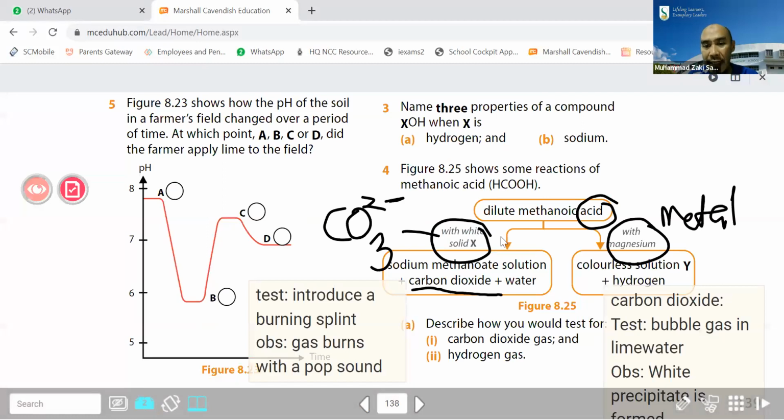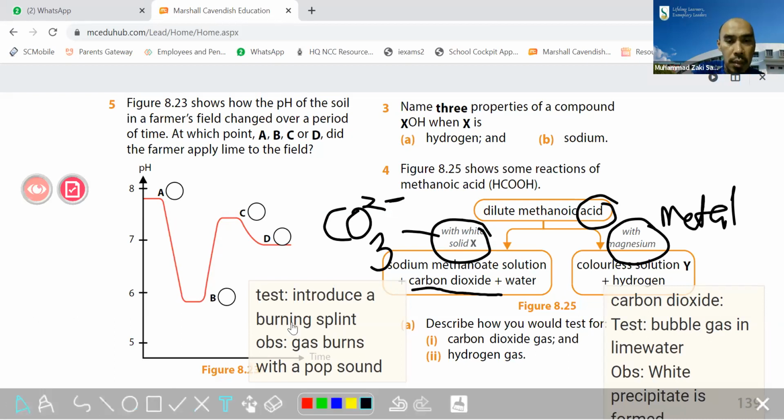X is a carbonate. You write down carbonate. It's actually sodium carbonate, because it's sodium here.